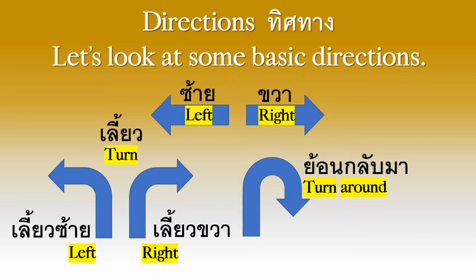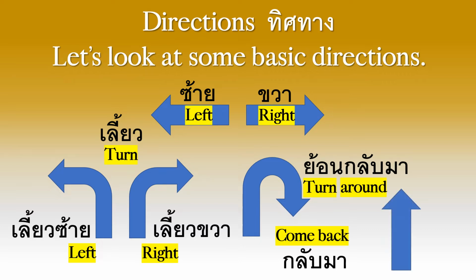Turn around. We can also say that if we do this, we come back. Come back. And the last one, how about this? Go straight. So these are some basic direction words. There are more, but these are the ones you really need to know if someone tells you in English how to go somewhere, or if you want to tell another person how to go to a place.